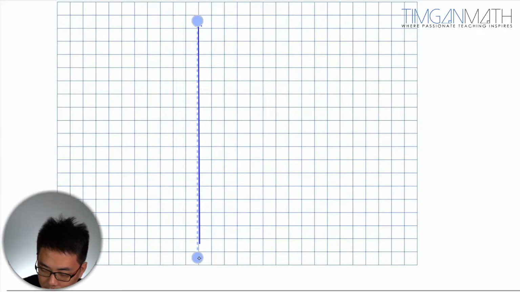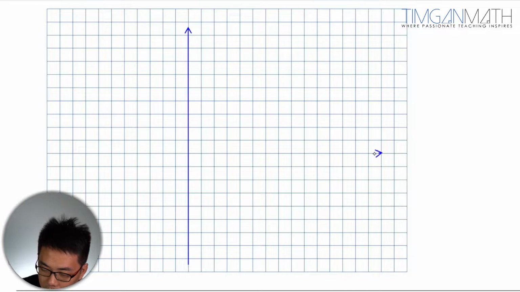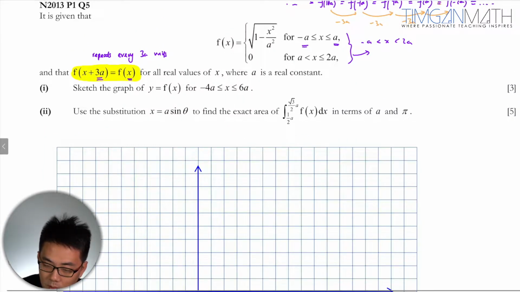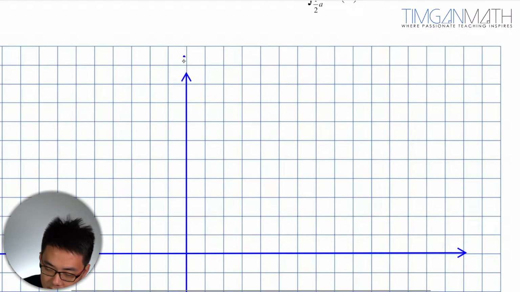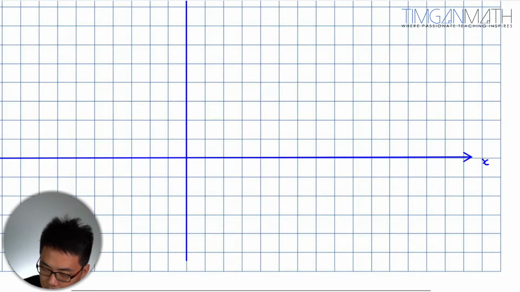And then what is this line? It's 0. Okay. It looks like that. Y equals to 0 here. Okay, great. So this is f(x). This is x. Okay, there you go.